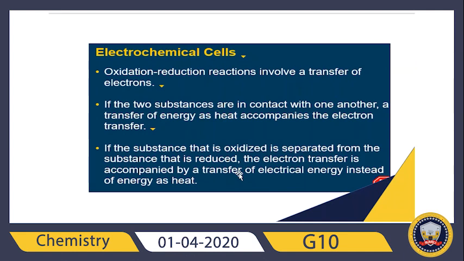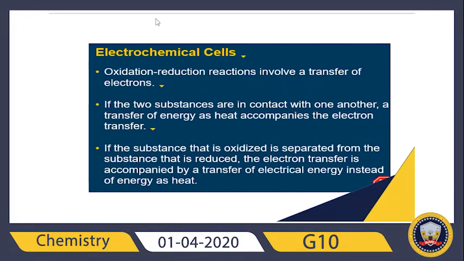But as we said, if the substance that is oxidized is separated from the substance that is reduced, and they will be separated in a certain way as we see later, then the electron transfer is accompanied by transfer of electrical energy instead of energy as heat.